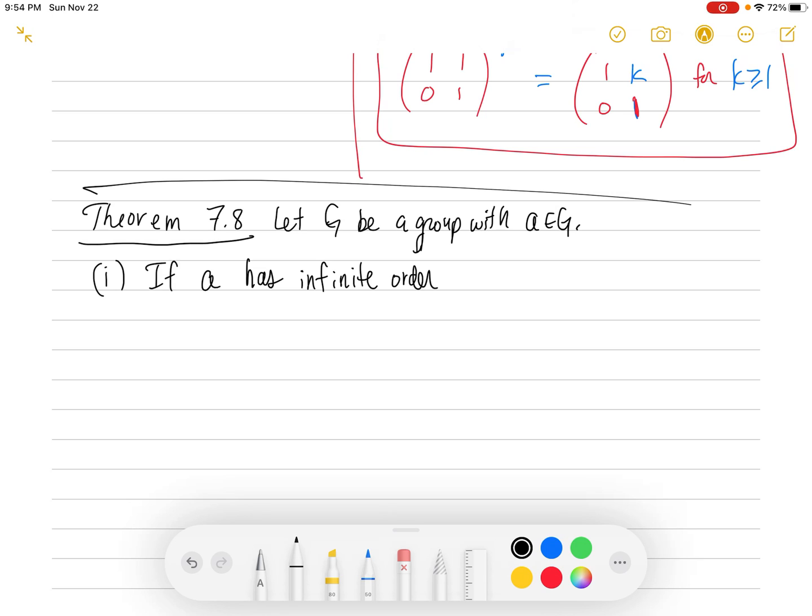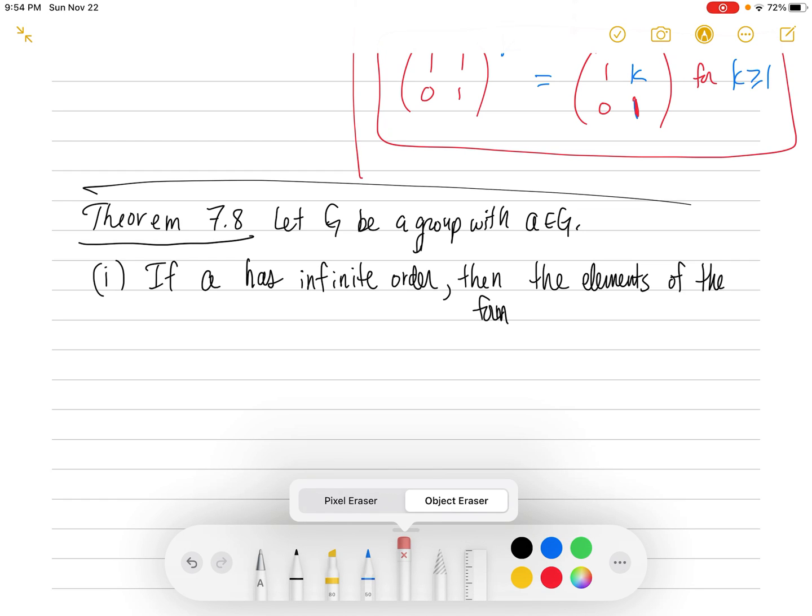that means there's not a positive integer k that you can raise a to get the identity, then the elements of the form a to the k are all distinct.